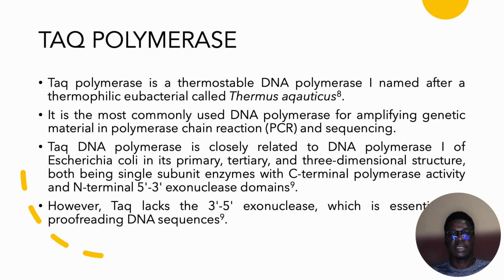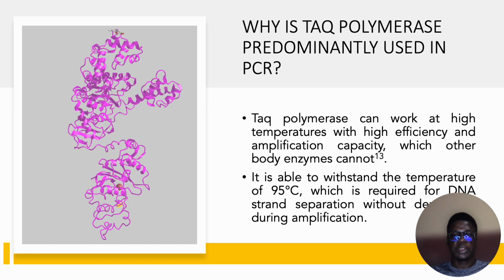It is very similar to the Escherichia coli DNA polymerase 1 in its primary, tertiary, and three-dimensional structure. However, it lacks the 3' to 5' exonuclease activity, which is essential for the proofreading function of DNA polymerases. It is used in polymerase chain reaction because it can withstand the high temperature required to split the double strand of a DNA molecule.